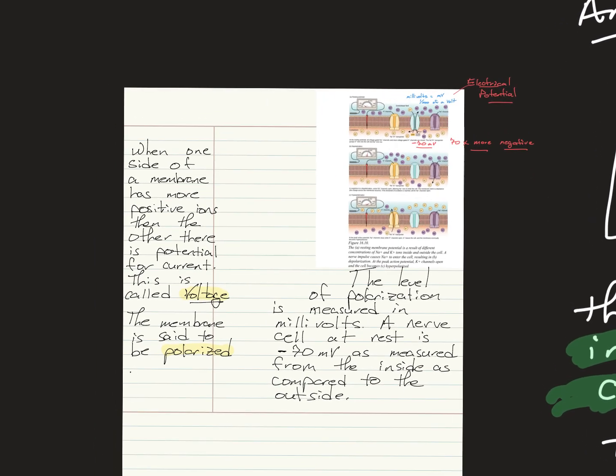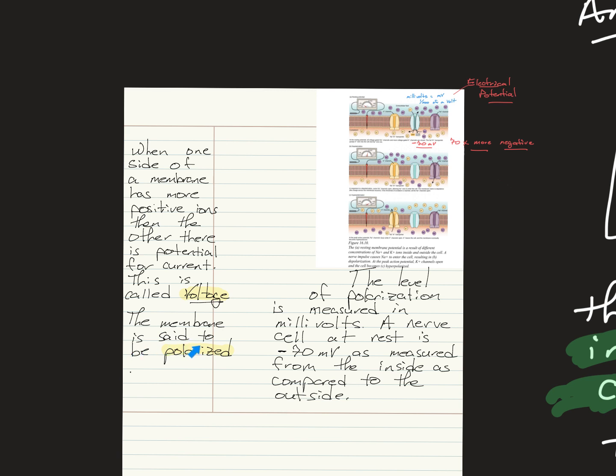So to summarize all this, on this slide, I wrote out the main ideas for you already. It's in front of you, so you don't have to write it or take pictures of it. I thought it would help you. When one side of the membrane has more positive ions than the other, there's a potential for current. This is called voltage.